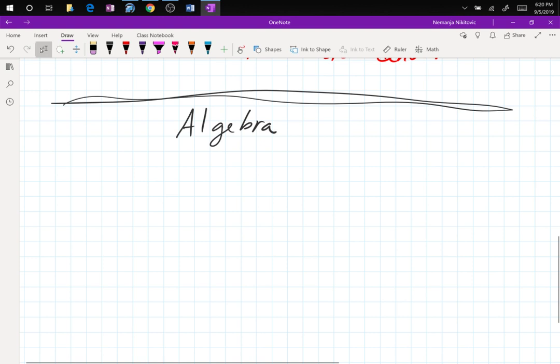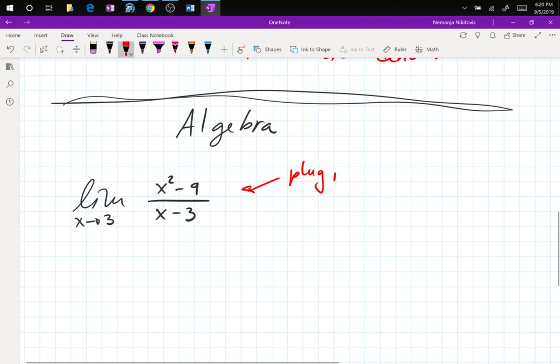So let's say that you are looking for the limit of, let's say, x goes to 3 for x squared minus 9 over x minus 3. I'm going to write it in blood. Plug in method fails. You have 0 in denominator.